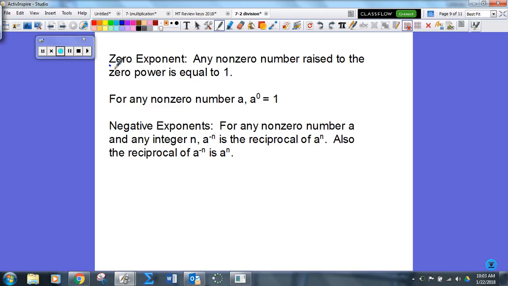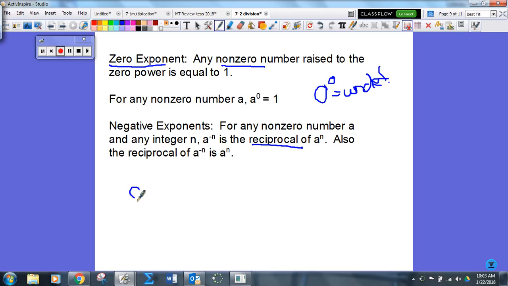0 as an exponent: any non-zero number raised to a power of 0 is 1. It does not work with 0. 0 to the 0 is undefined. Negative exponents. For any non-zero number, the negative integer power is the reciprocal.